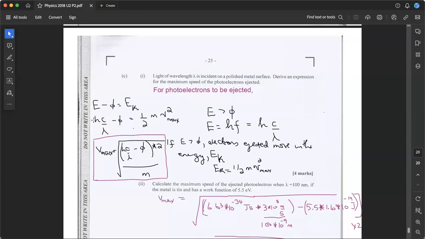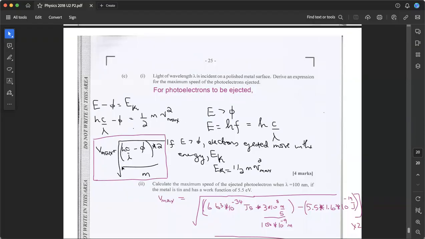Again, we can plug in our formula for the energy of the photon from here, and phi is our work function. Whatever the residual energy is will be half m v max squared. All we have to do at this point is rearrange this formula, making v max the subject.